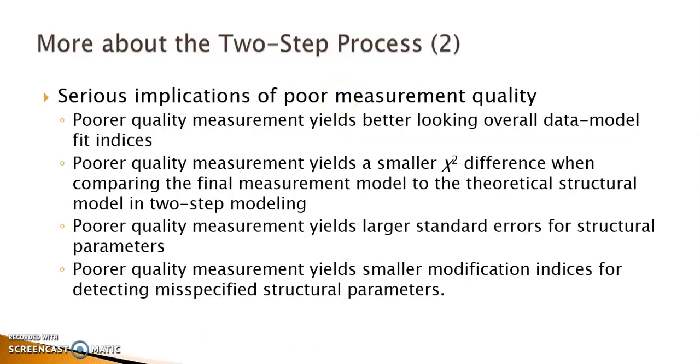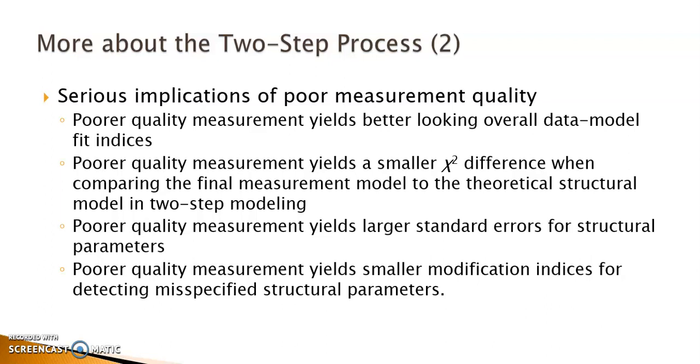Poor quality measurement can have impact in several aspects. For example, you may have better looking overall data model fit indices than what really happened in your model. When you check the modification indices, you would not be able to identify misspecified structural parameters because the poor data quality would give you smaller chi-square differences.